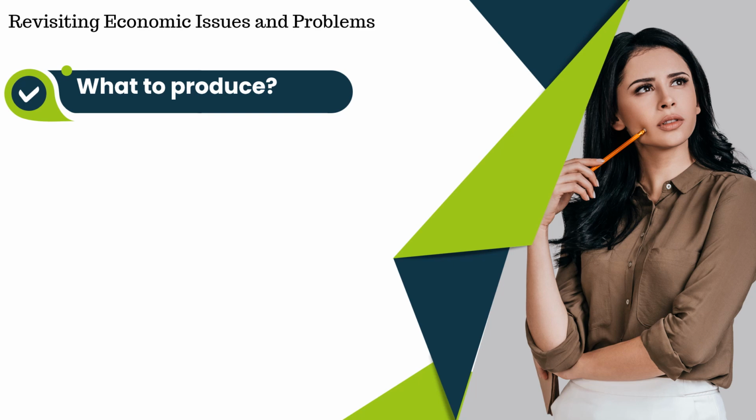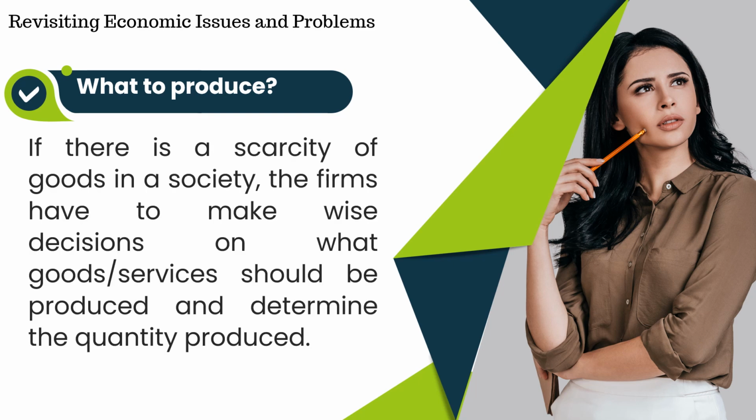These fundamental questions are, first, what to produce. If there is a scarcity of goods in a society, the firms have to make wise decisions on what goods or services should be produced and determine the quantity produced.